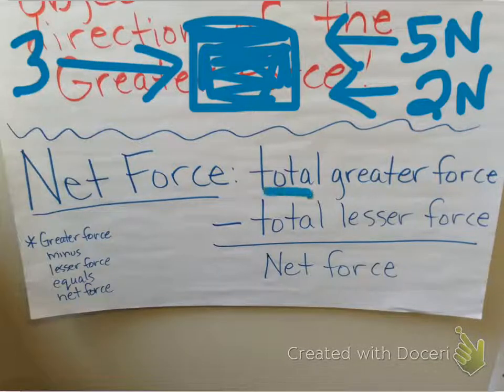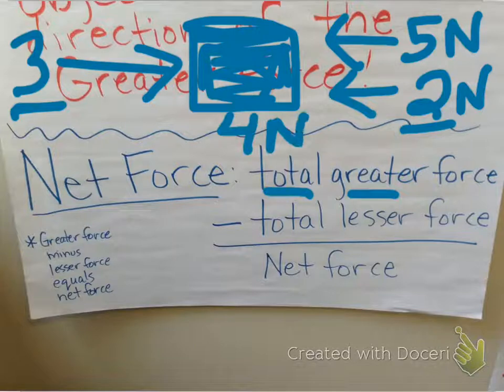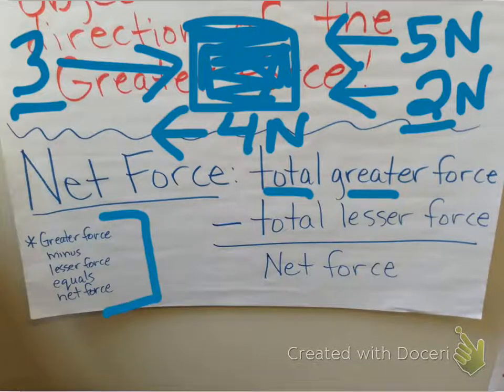So you take the total greater force, so 5 plus 2 would be 7, and you subtract the total lesser force, which over here would be 3. So the net force for the image I have drawn up here would be 7, 5 and 2, minus 3, so it would be 4. So 4 newtons, and which direction would it be going? Towards the left. So the greater force minus the lesser force equals the net force.